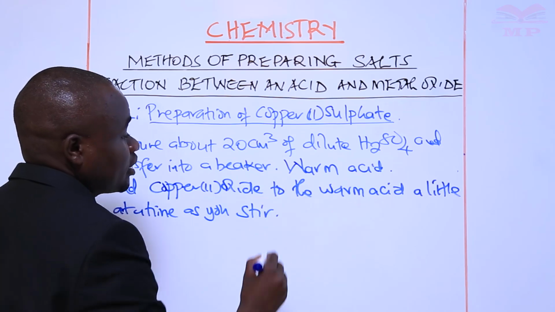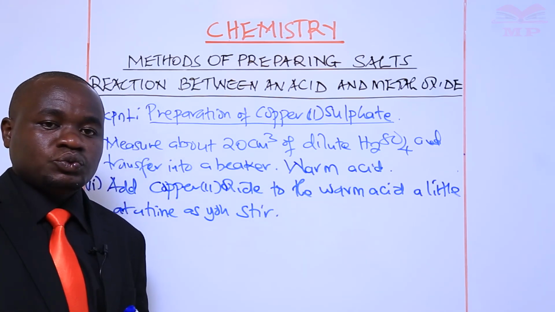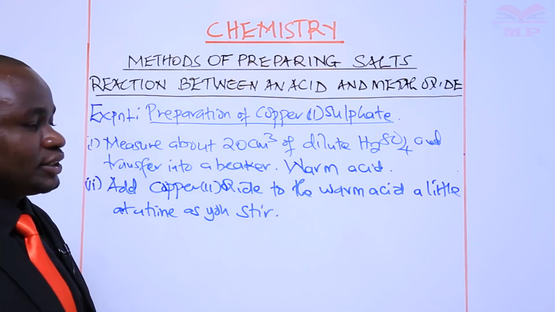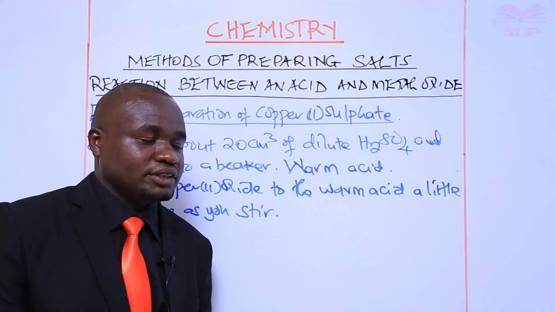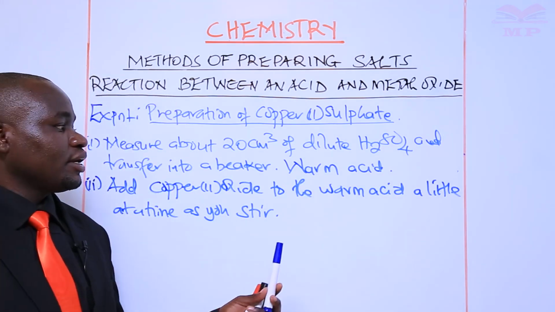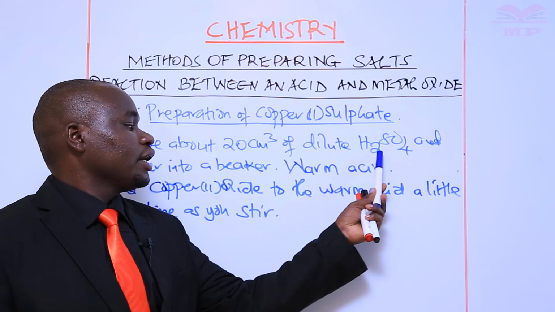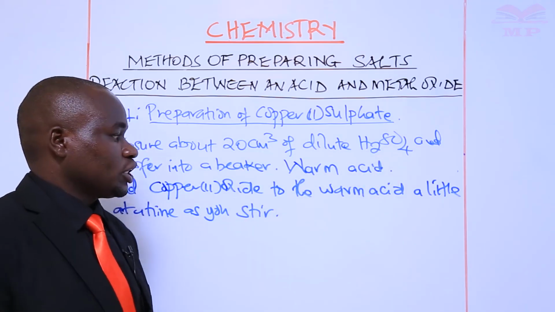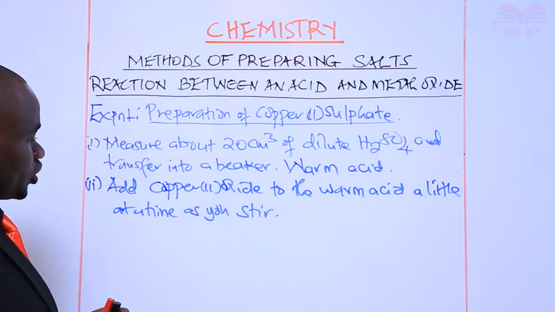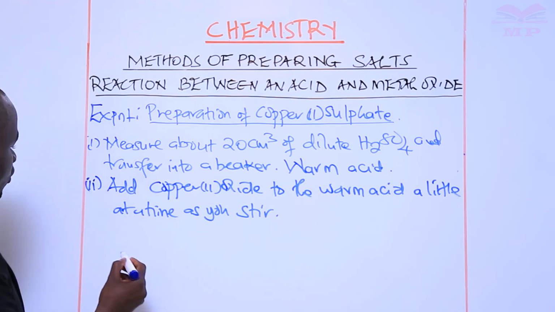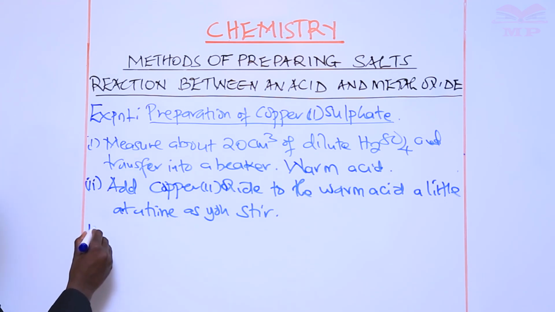Of course, we are stirring with a glass rod so that we can increase the contact between the reactants. Remember, our reactants are the sulfuric acid and copper oxide. So we stir so that we can increase that area of contact.